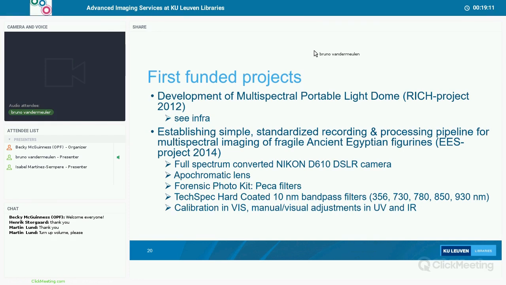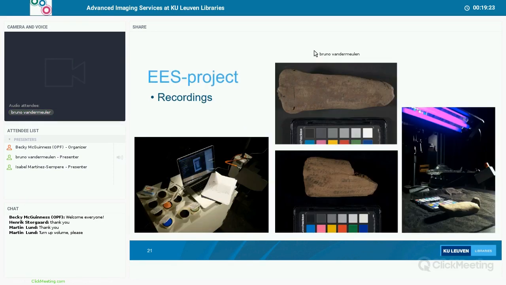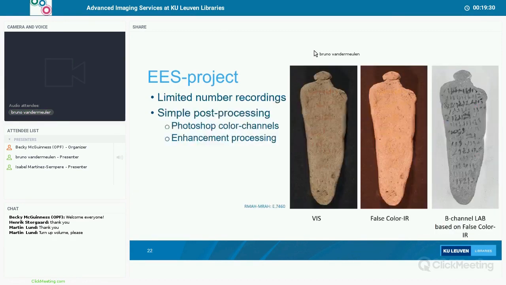We already acquired before our apochromatic lens, and we started experimenting with processing. So here you see the type of material we have been working on, and this showed us the importance of post-processing.